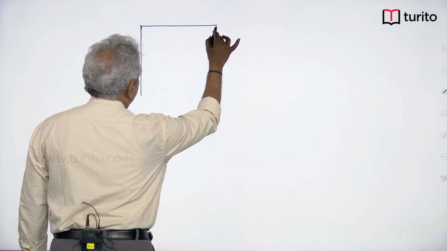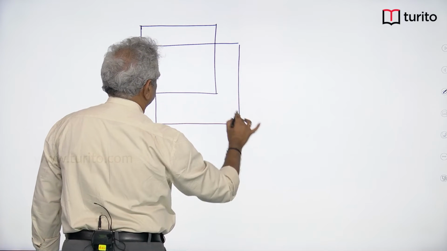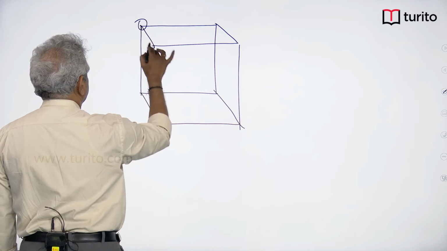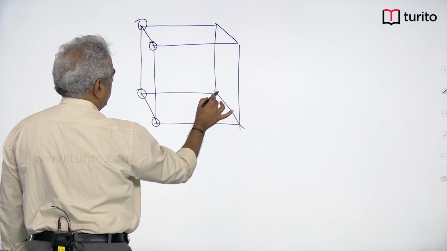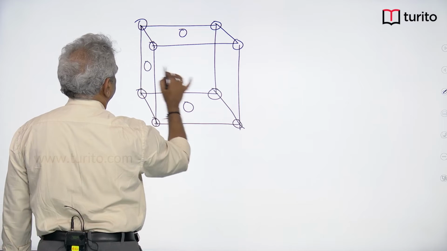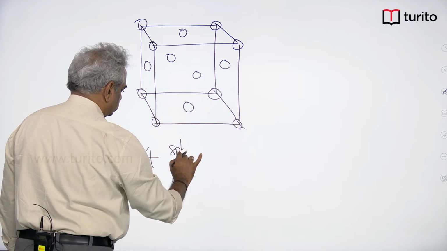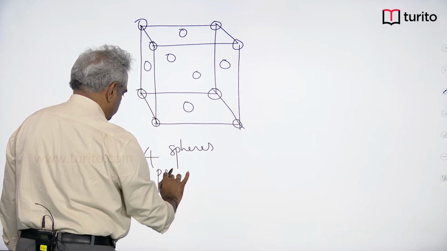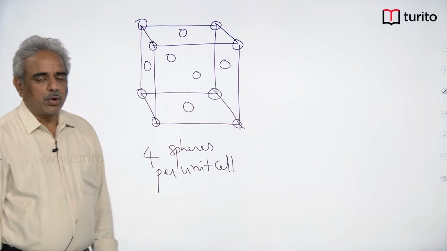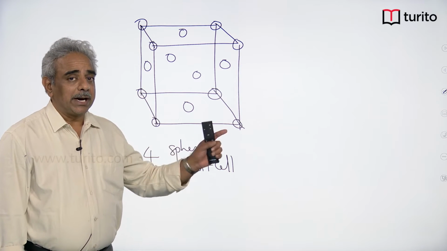Again we will draw, you need to have patience. So there are spheres here. How many spheres are there? 4. Four spheres per unit cell, 8 into 1 by 8, 6 into 1 by 2, and we have seen 8 tetrahedral voids.